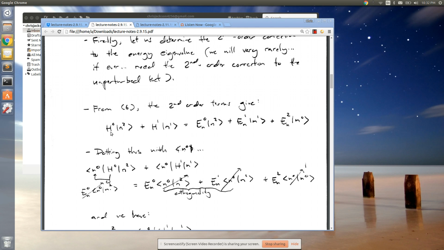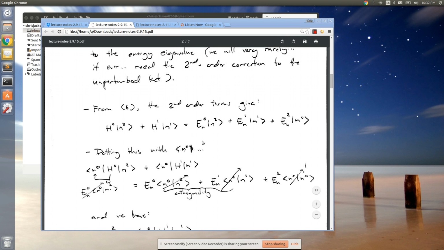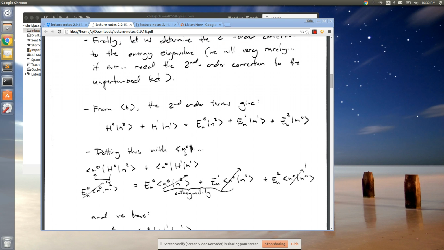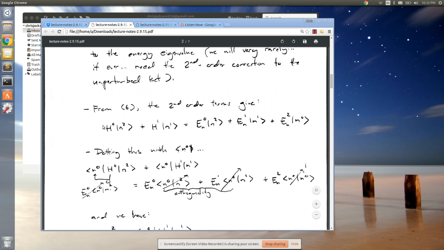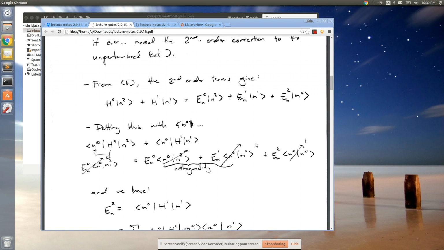Dotting the resulting expression from the left with one of the eigenbras of the unperturbed ket allows us to evaluate this term here. And when we do that, a lot of stuff cancels out. We get some cancellations, and stuff dropping out because these corrected eigenkets are orthogonal to the unperturbed kets.